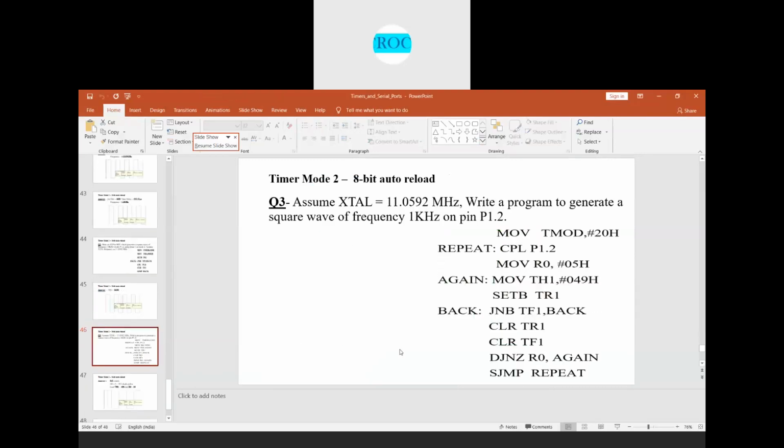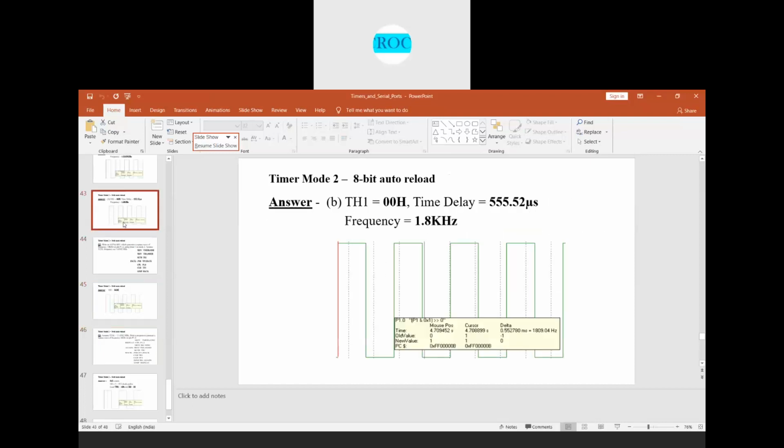And the third example we'll see for mode 2. Assume crystal frequency is 11.0592 megahertz. Write a program to generate a square wave of frequency 1 kilohertz on pin P1.2 here, right? Now if you see the example we had, the crystal frequency we selected was 11.0592.